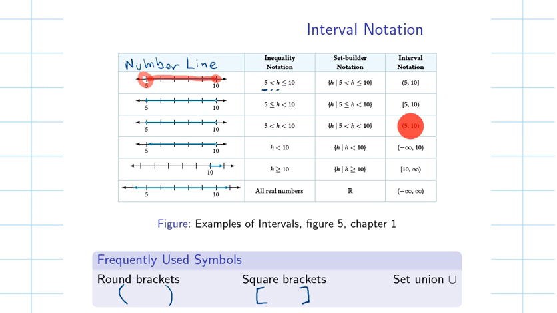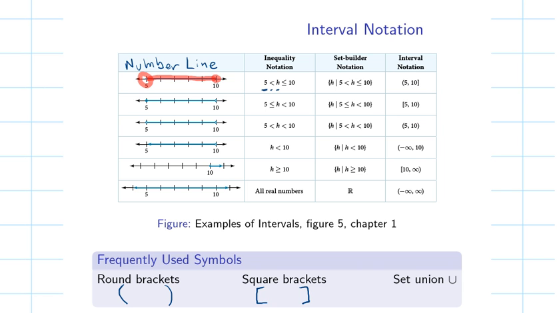And interestingly, this is round bracket 5, 10 round bracket. This is a little bit problematic because you might confuse this for the point (5, 10) with x coordinate 5, y coordinate 10. Sometimes notation in mathematics is ambiguous.